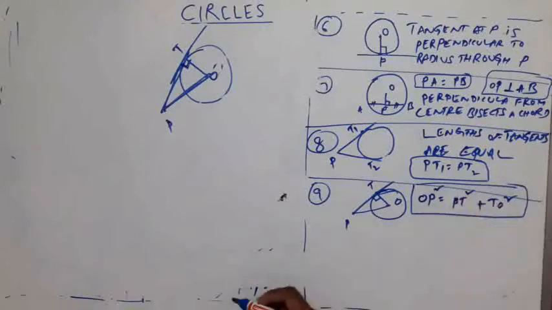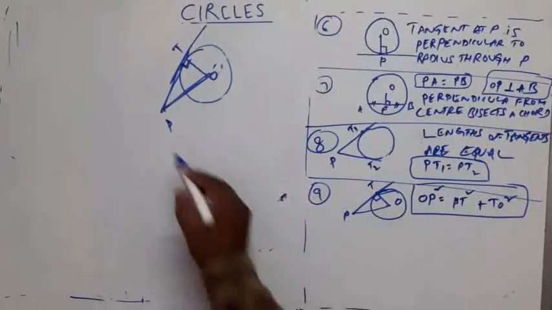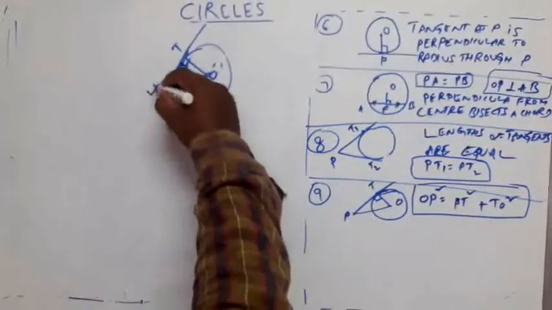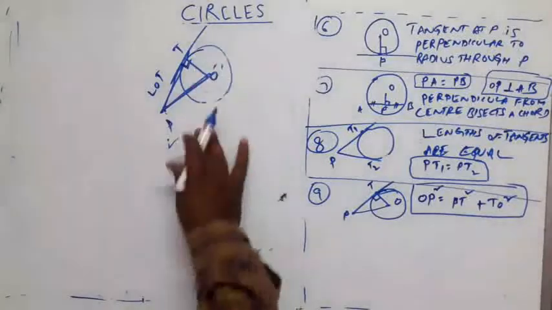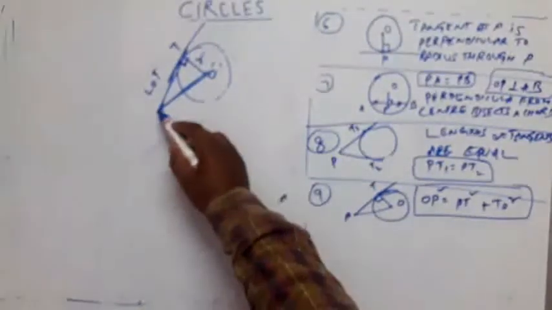This is a very useful point. To put it some other way, see this. This is length of tangent, right? PT is length of tangent. This is the radius. This is distance of point P, external point P, from center.